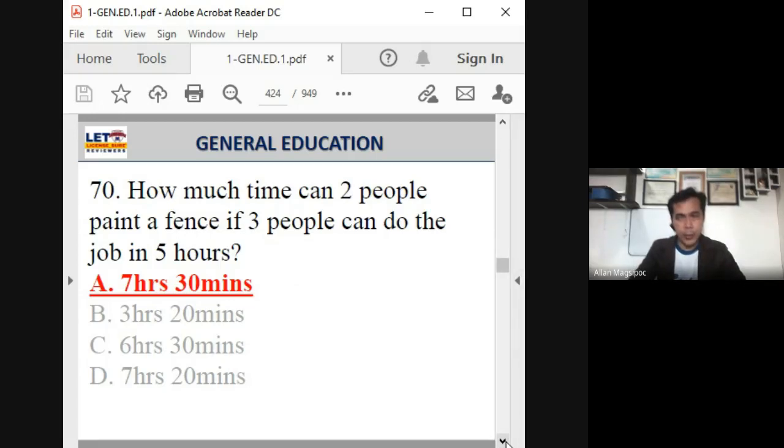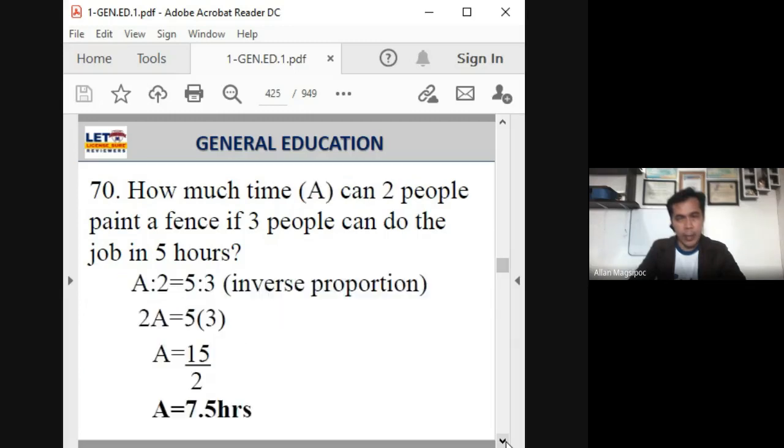So using the inverse proportion na yung pang formula natin, we represent time to finish with 2 people as A. So we get A is to 2, A time kung dalawang tao is equal to 5 hours kung tatlong tao, inverse proportion.